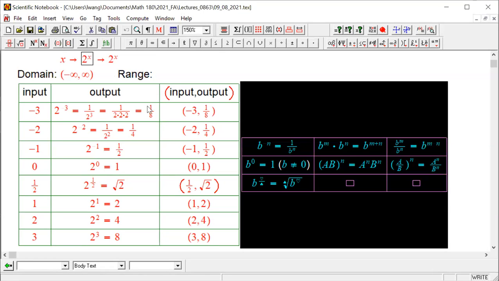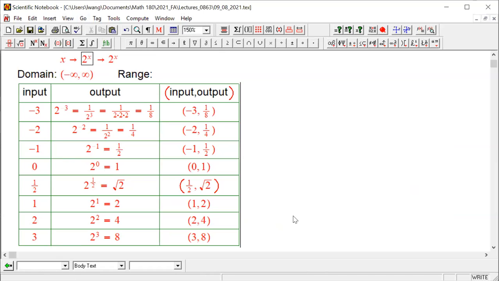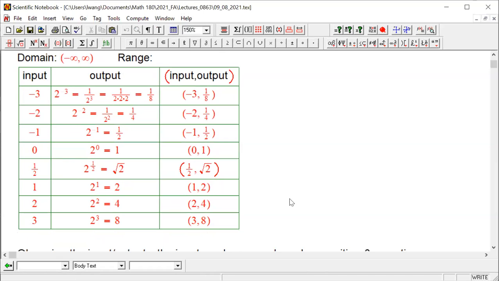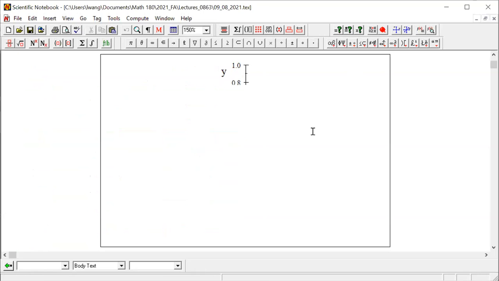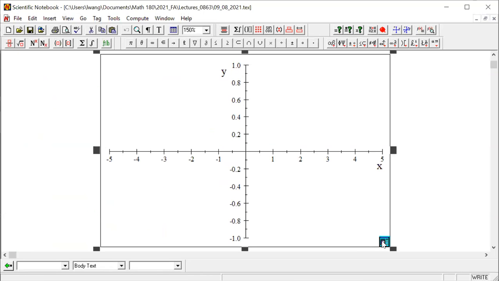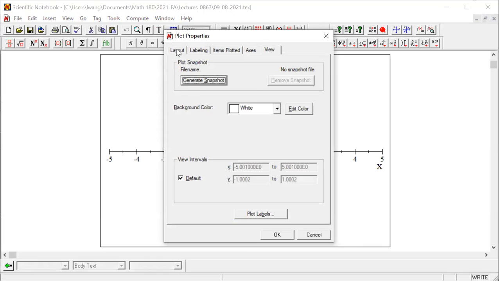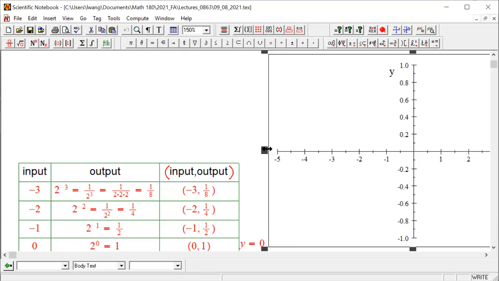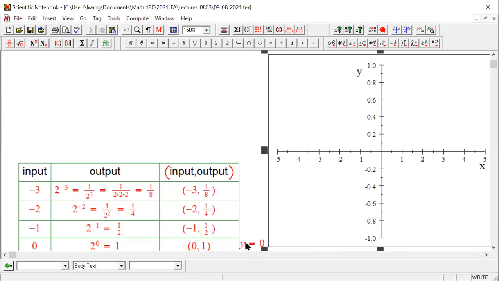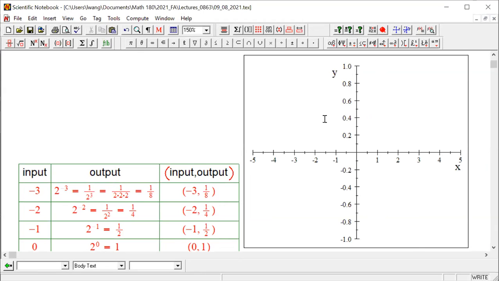I'm going to put this table on the side and set up my rectangular coordinate system. At least I'm going to get you started, and I'm going to start plotting the points.